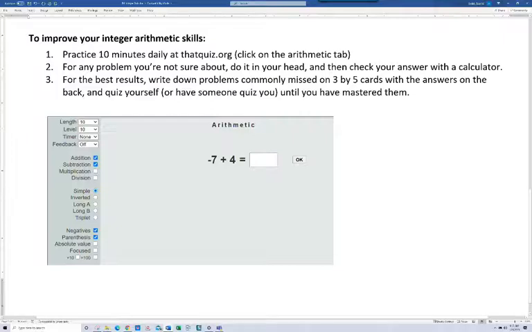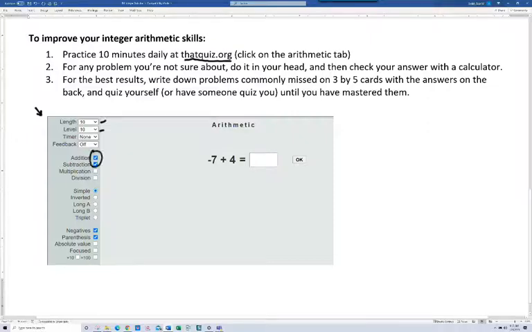So number one, there's a website, it's called thatquiz.org, and you can spend really just about 5 minutes a day on it. Click on the Arithmetic tab and you'll get a picture of what we have down here. And you can see you can control the length, the level. Level 10 is a pretty good level.